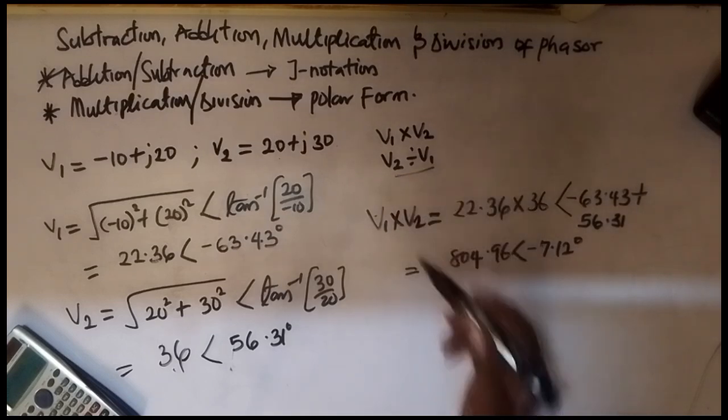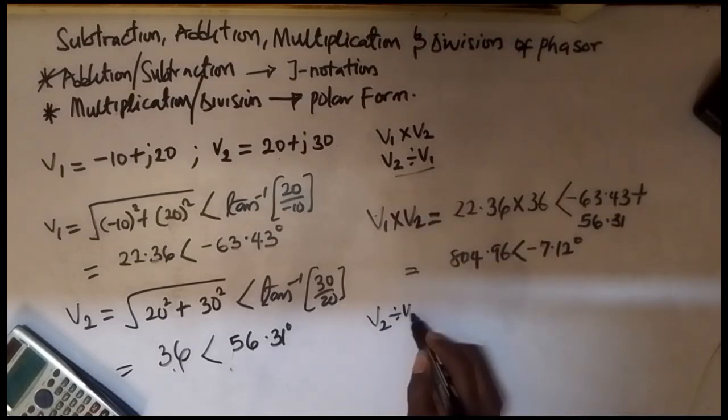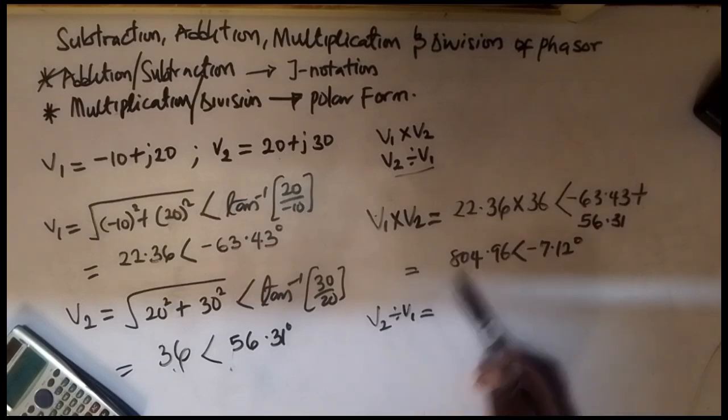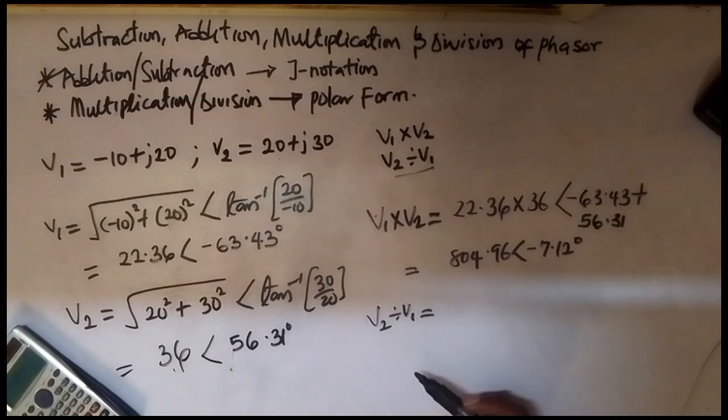But if we are performing division, our V2 divided by V1 can simply be gotten by dividing the magnitudes and then subtracting the angles. Very straightforward.